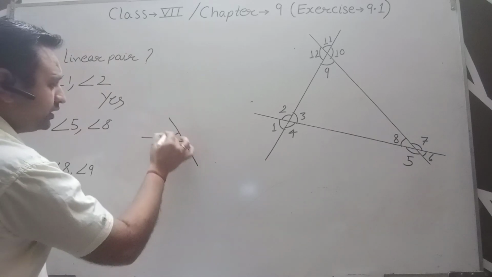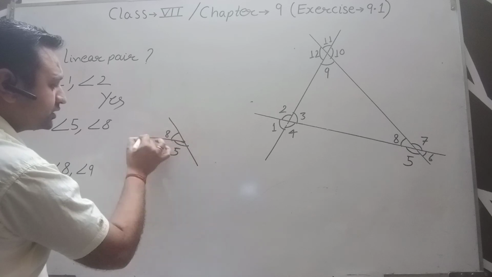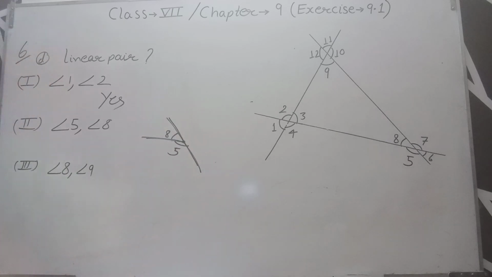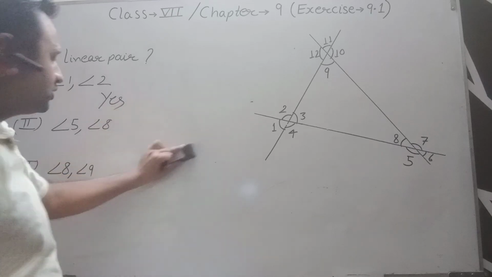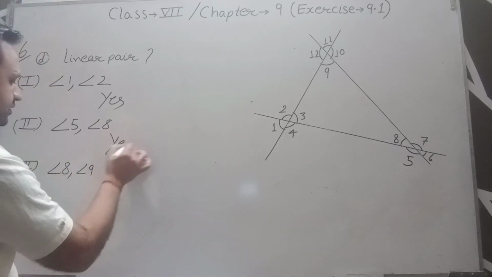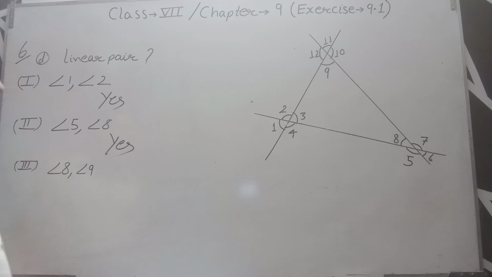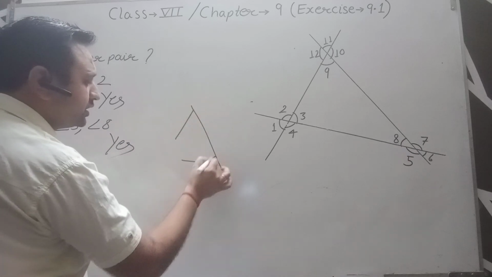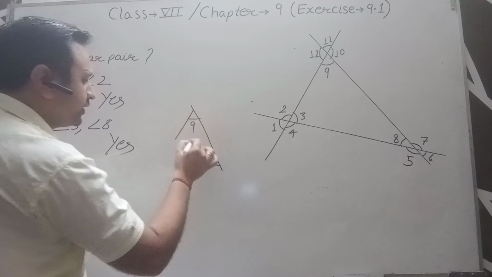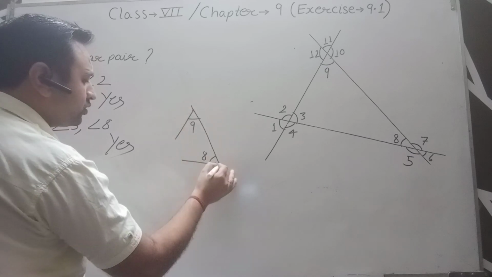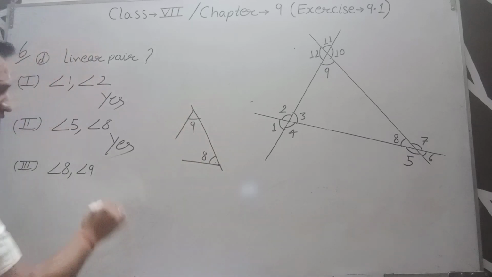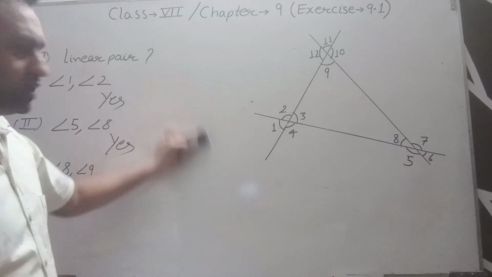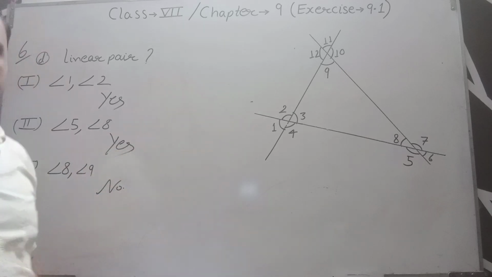Again there is a common vertex, a common arm, and their non-common arms are opposite to each other. So these angles are also linear pair angles. Angle 8 and angle 9, according to the figure these angles are like this, they do not have a common vertex. So these angles are not linear pair angles. I hope it is clear, just note down.